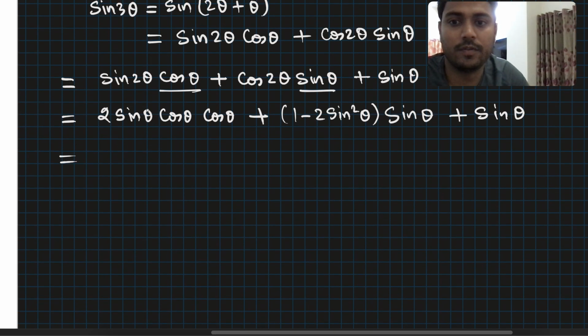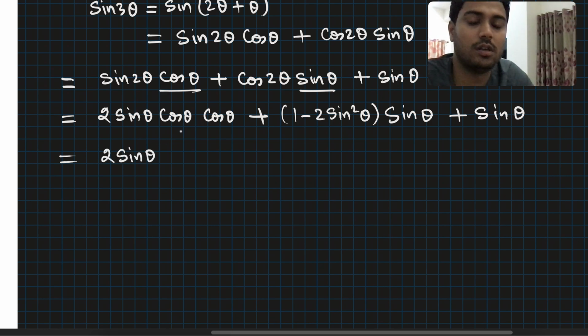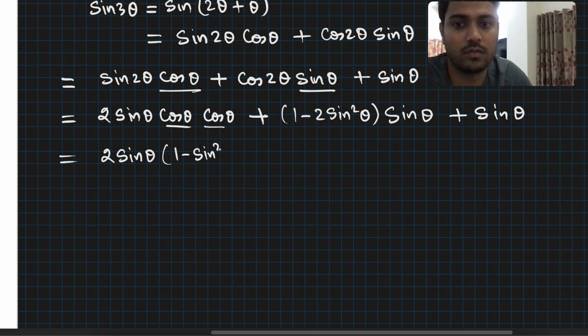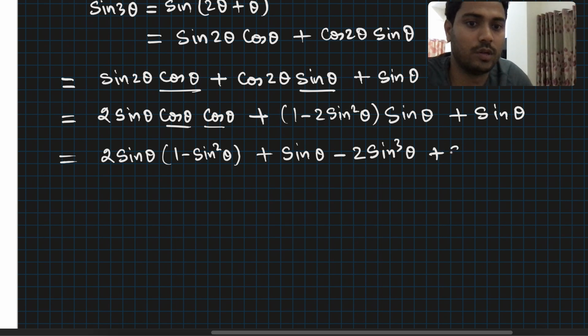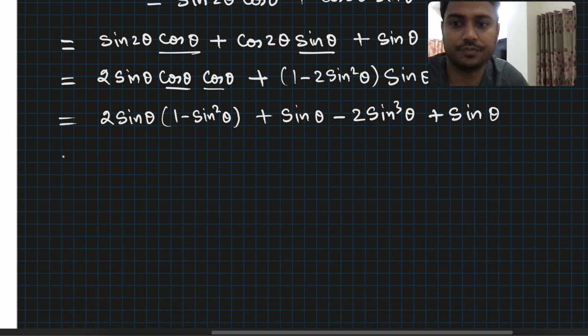Now let's check. This can be written as 2 sine theta as it is, into cos square theta, which can be written as 1 minus sine square theta, plus now multiply sine inside.